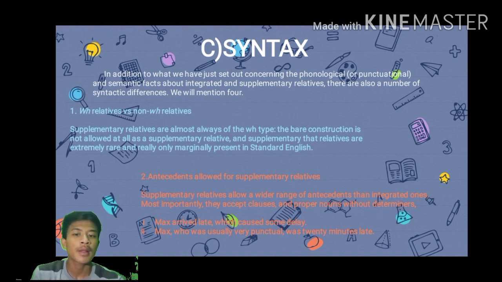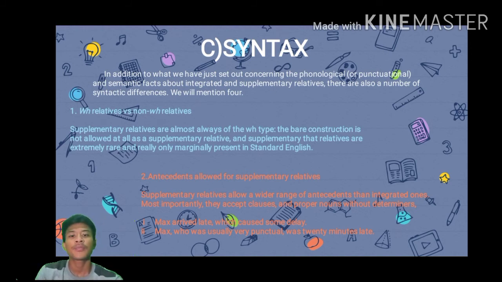The first example: Max arrived late, which pleased Kim with some delight. And the second example: Max, who was usually very punctual, was 20 minutes late.